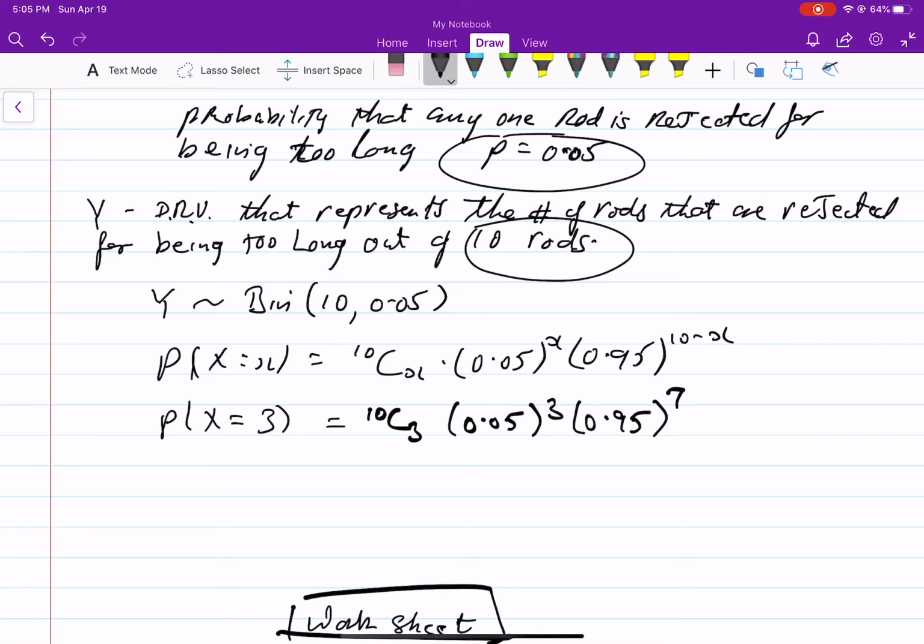Let's check that number out. 10c3 is 120. I know that number by heart. Times 0.05 cubed times 0.95 to the 7 gives 0.0105, and that's that probability.